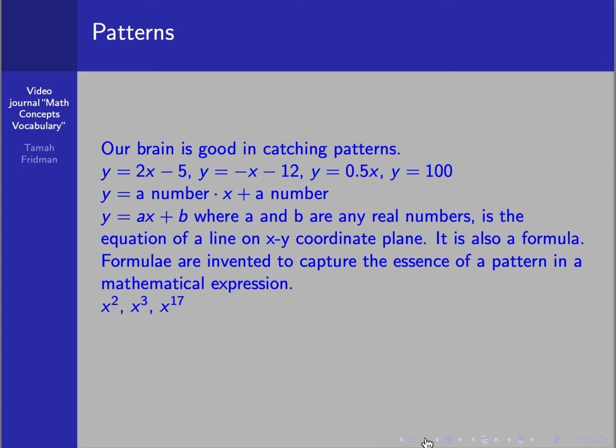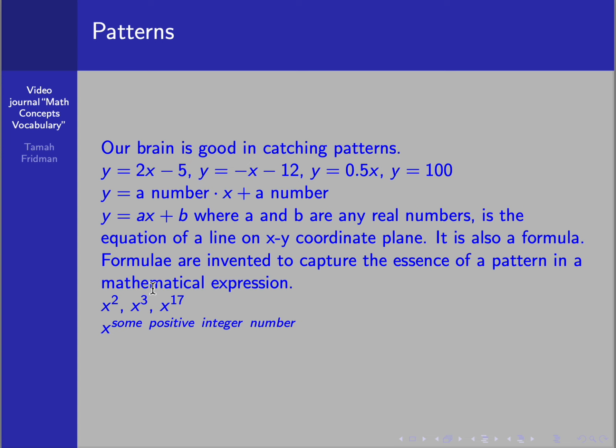Okay, let's look at the following pattern. What do we see here? x to some power. And the power would be 2 here, 3 here, 17 here. So how would you express this pattern? It looks like if I write x to some positive integer number, that pretty much covers it, right?